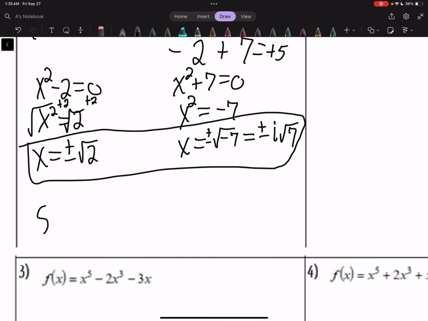However, I'm going to go and write each of them out so you are easily able to determine all 4 of these solutions. So x is equal to negative square root 2, positive square root 2, negative i square root 7, positive i square root 7.